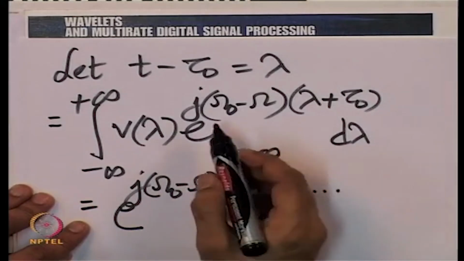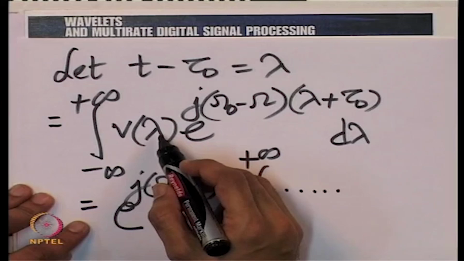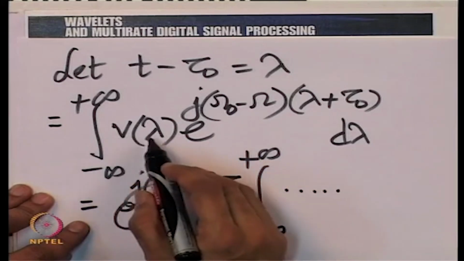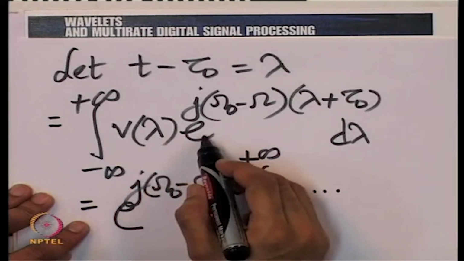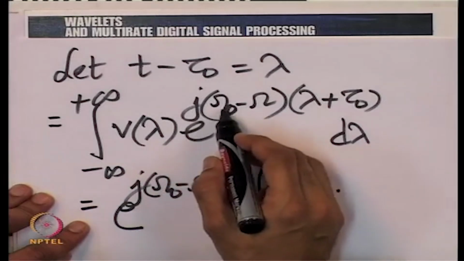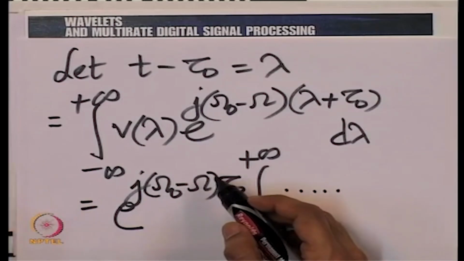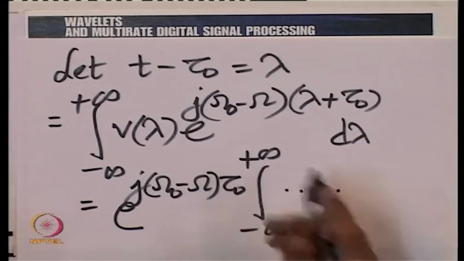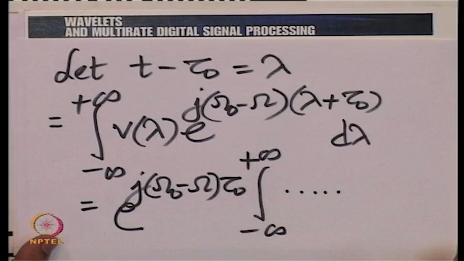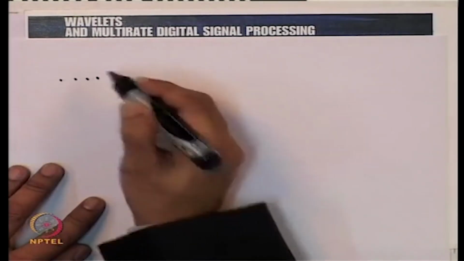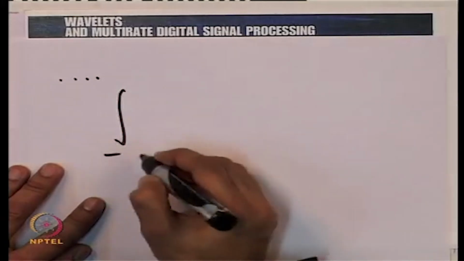And now, let me see what remains inside. What remains inside is V(lambda) e raised to the power j omega naught minus omega times lambda d lambda. So, let me write that part down. Here I shall write only the integral, I have left out the other term.